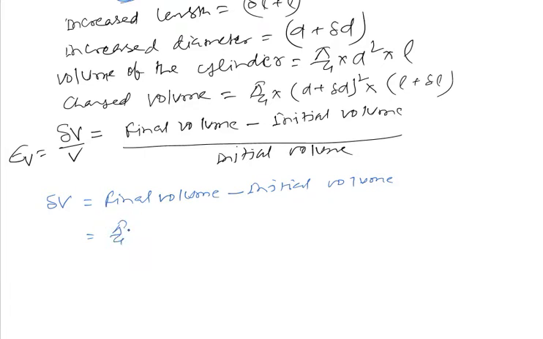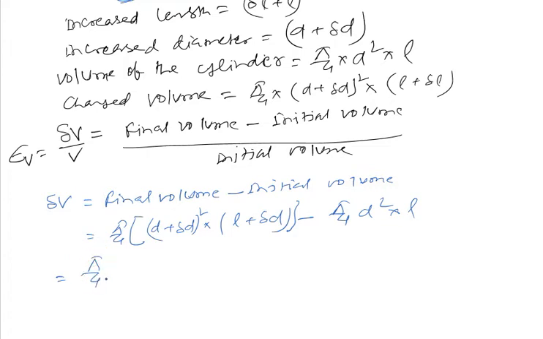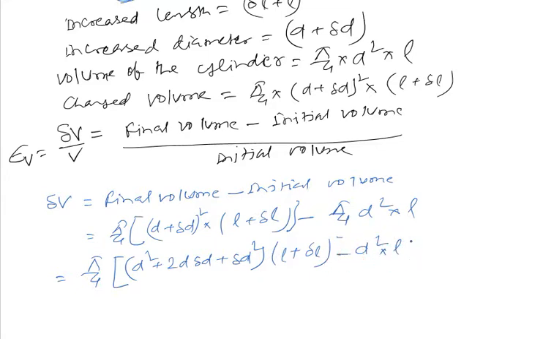The final volume is pi by 4 into (D plus delta D) whole square into (L plus delta L), minus the initial volume, that is pi by 4 D square into L. If I take the common factor pi by 4, then (D square plus 2D delta D plus delta D square) into (L plus delta L), minus D square into L.